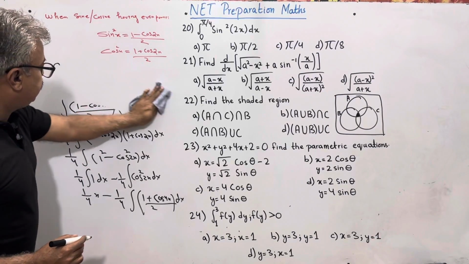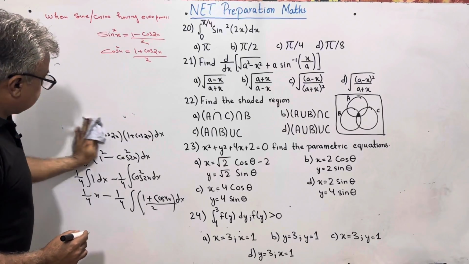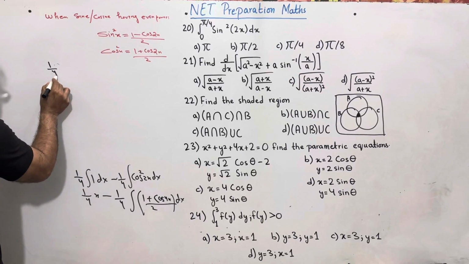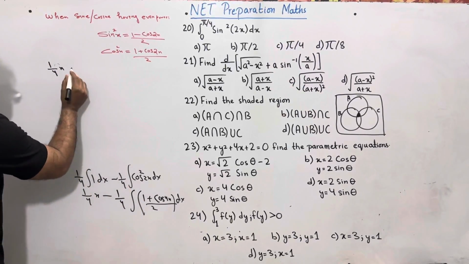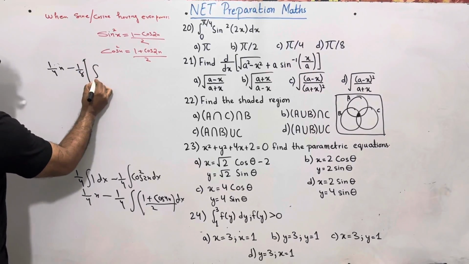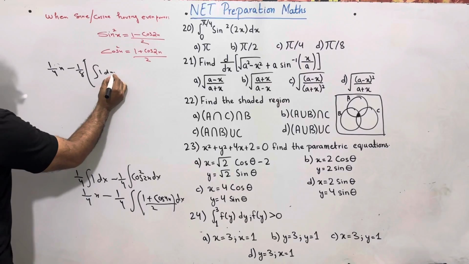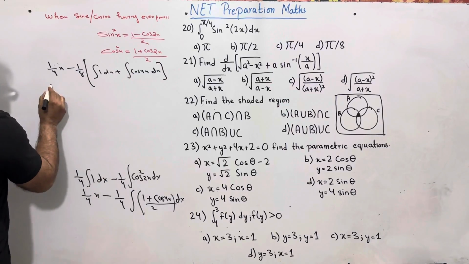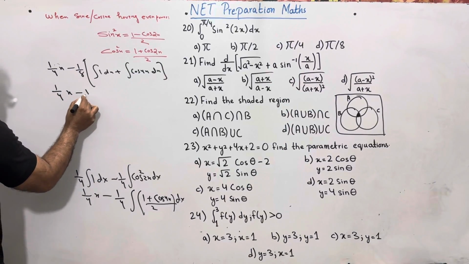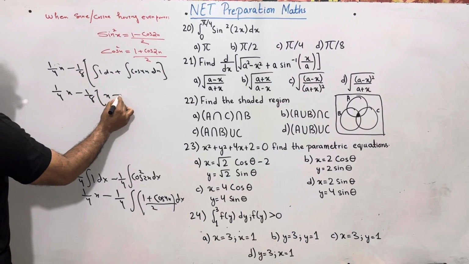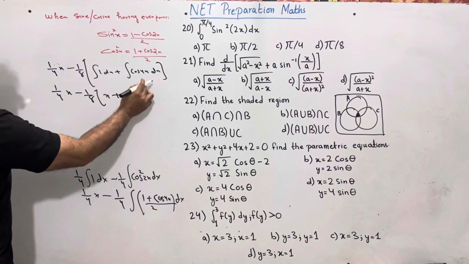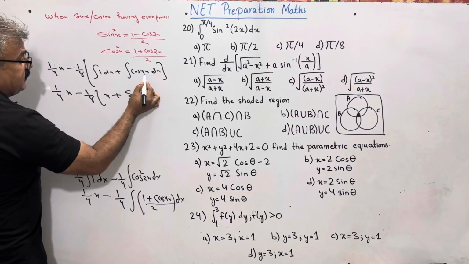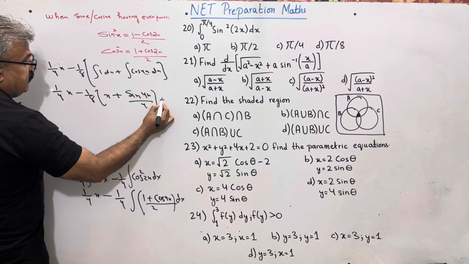Making some room for the solution, we have 1 over 4 x minus 1 over 8 times the integral of 1 dx plus the integral of cos 4x dx. Integration of 1 is x, integration of cos 4x is sine 4x divided by the derivative of the angle, that's 4, plus c.